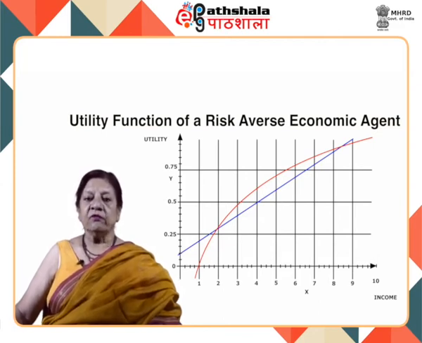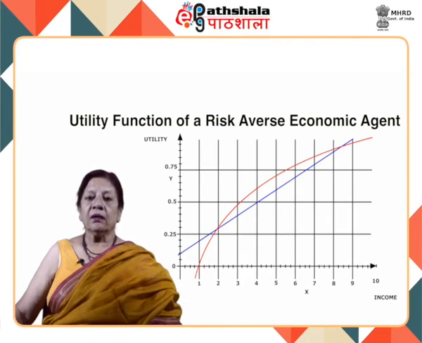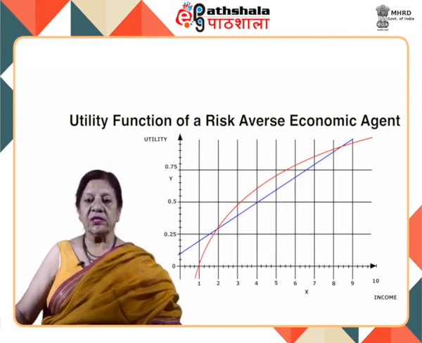The expected value of utility is 0.6021, that is E[u] is equal to (0.5 into 0.3010 plus 0.5 into 0.9031).